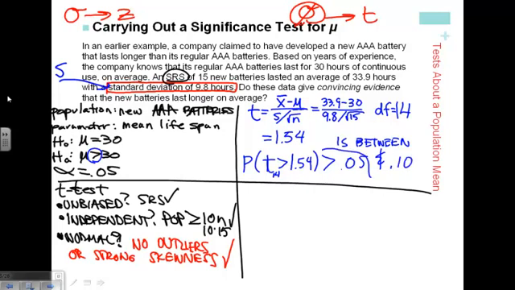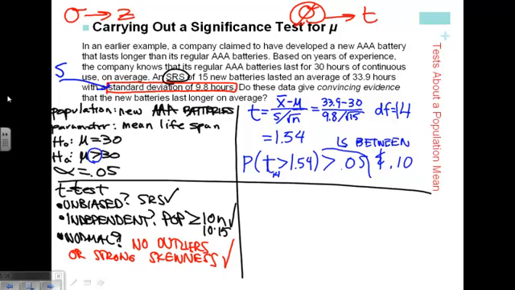Either saying this directly or saying it's between those two numbers, as long as we get an idea of how this is going to relate to our alpha value. And now we're ready to finish the process. We have a p-value, an approximation of a p-value.